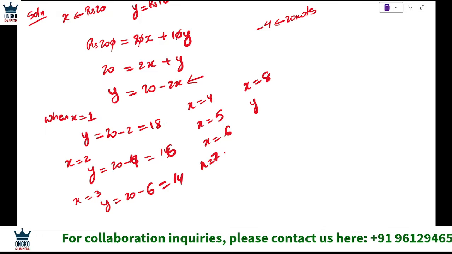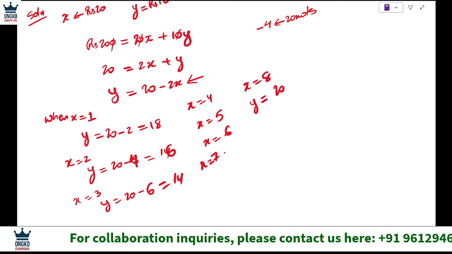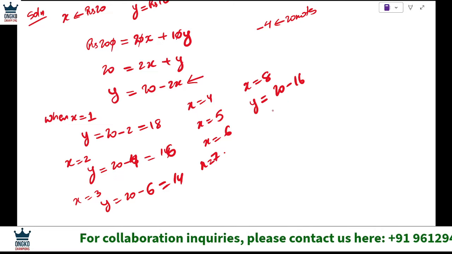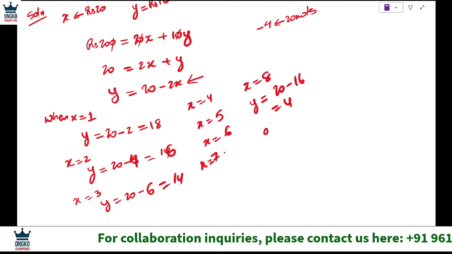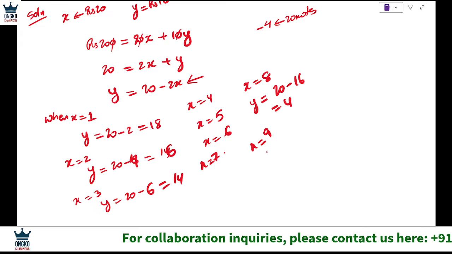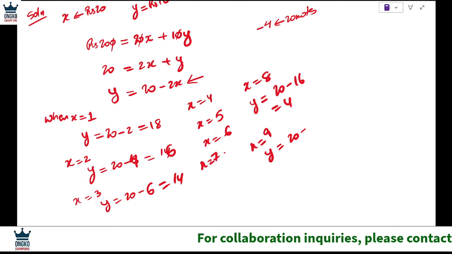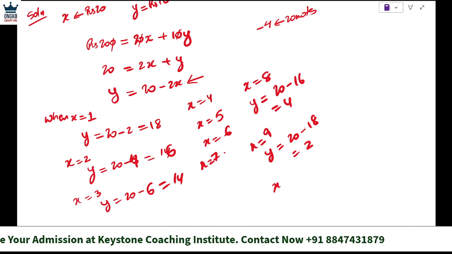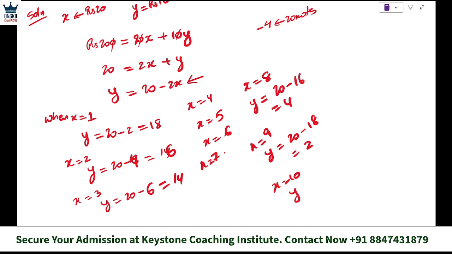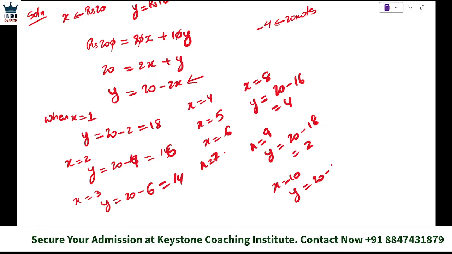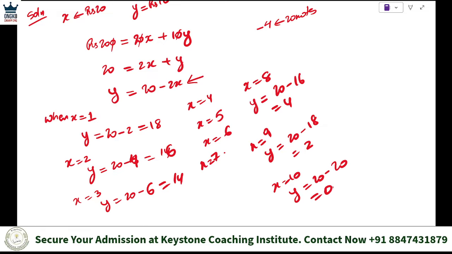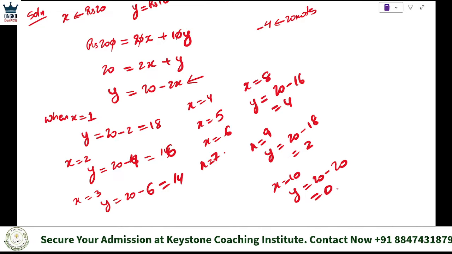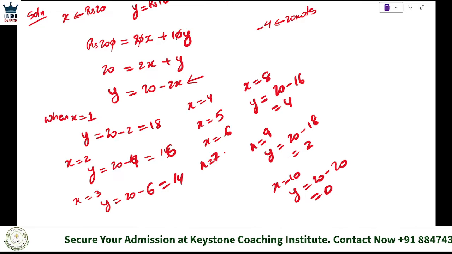So here y is equal to 20 minus 2 8s are 16, so we're still getting 4. When x is equal to 9, y is equal to 20 minus 9 2s are 18, which is 2. Now when x is equal to 10, y is equal to 20 minus 2 10s are 20, so it is 0. We need at least one note of 20 rupees and one note of 10 rupees, so y cannot be 0.